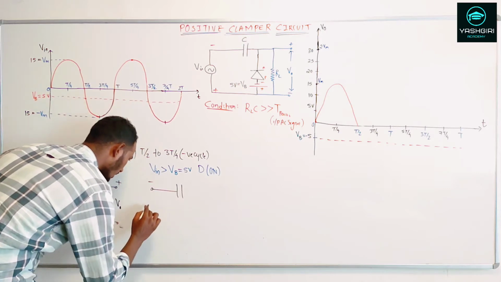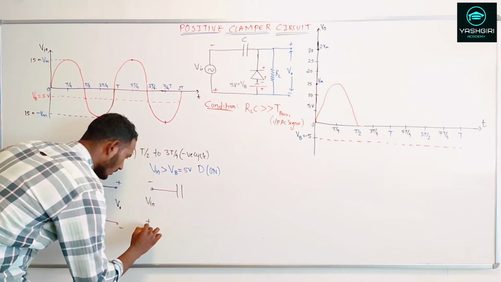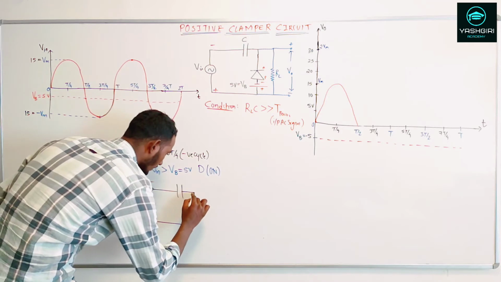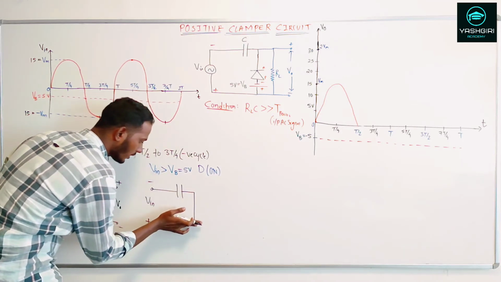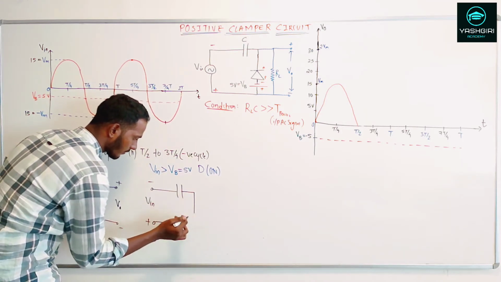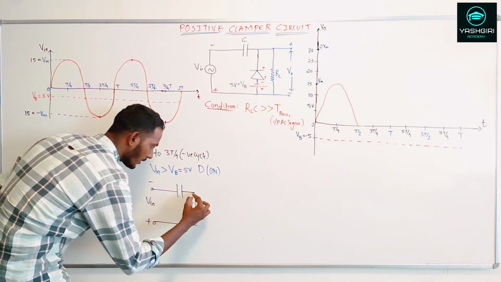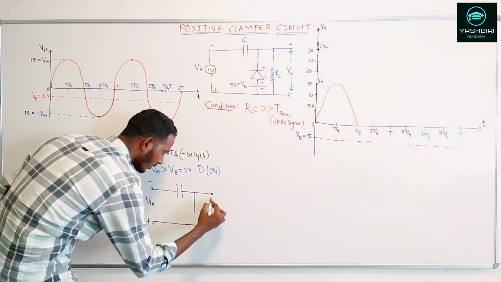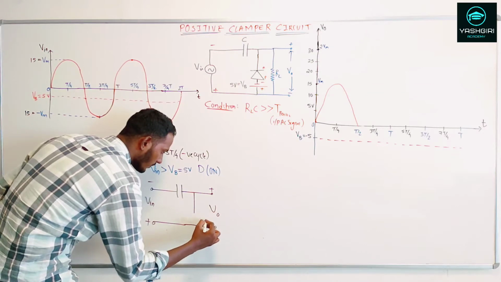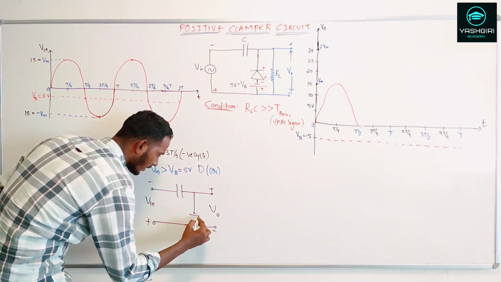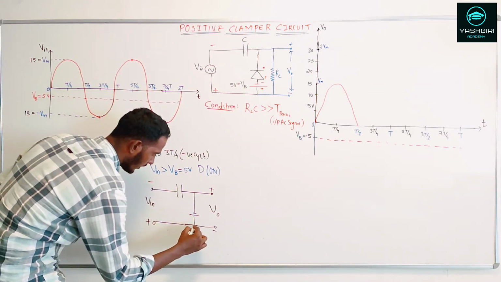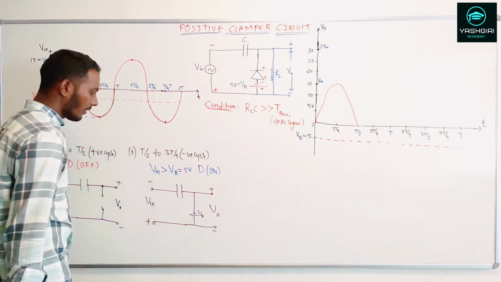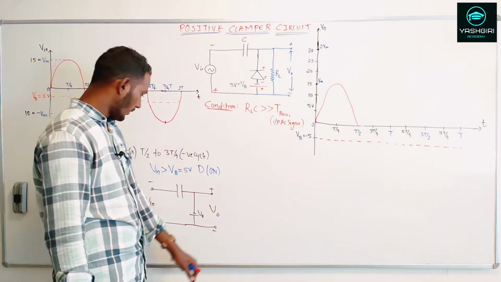This time there is a change in polarity, so this is plus, and now the diode will conduct, so I can show it like this. We are measuring V out over here, plus minus, and this is V out. Again here there is a VB, so this is my VB.